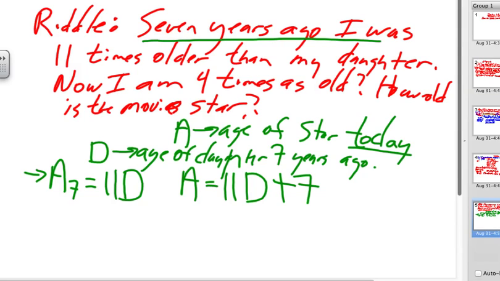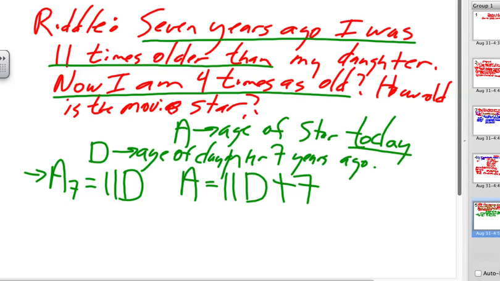All right, so what I'm going to do is come back in and say, I've already used this one. Now what I need to do is translate this. Okay, so the age of the movie star today. Before I do that, I need to make another step. Because what we have is the age of the daughter 7 years ago.